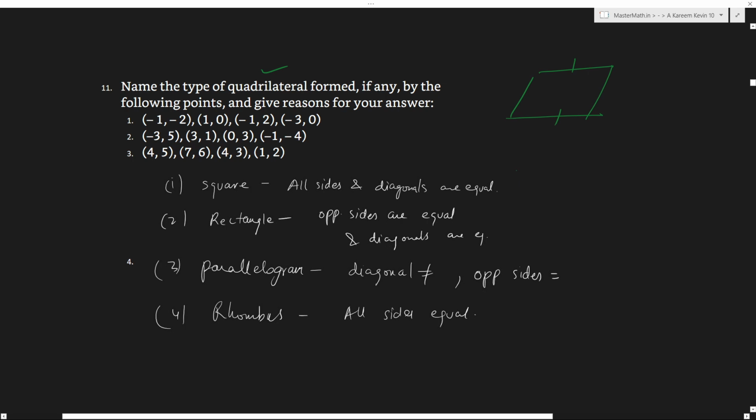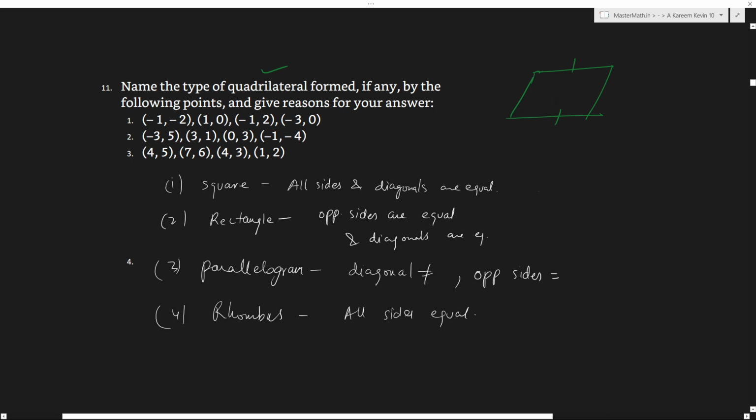And mind it, we are not talking about angles here, so we can't say whether it is parallel or not parallel. Diagonally opposite angles are equal, so we are not yet doing that. We are only concerned with the distance or the length.